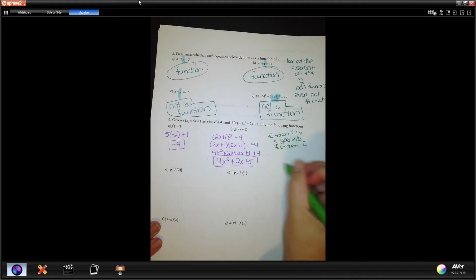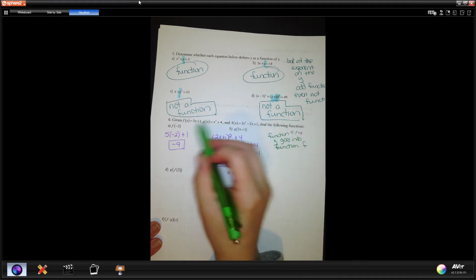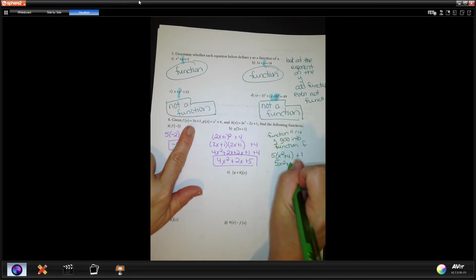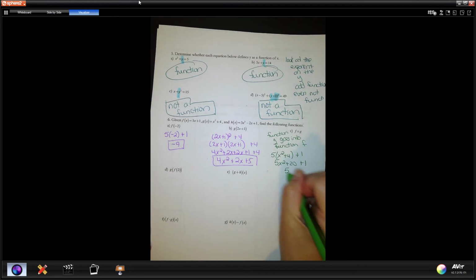So what that ends up being, 5 times x squared plus 4, plus 1. So 5x squared plus 20 plus 1. So that is 5x squared plus 21.